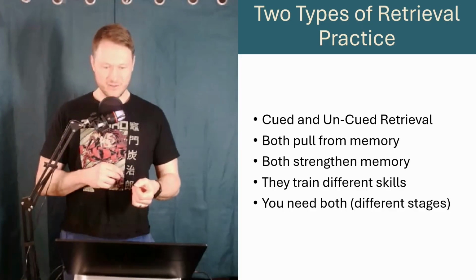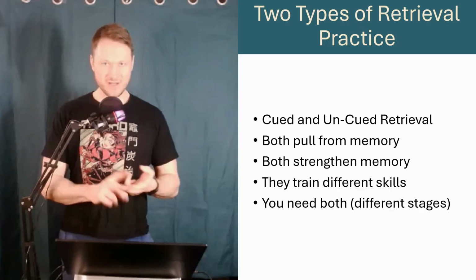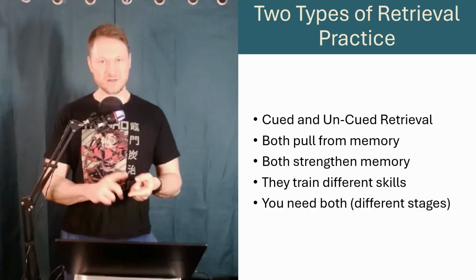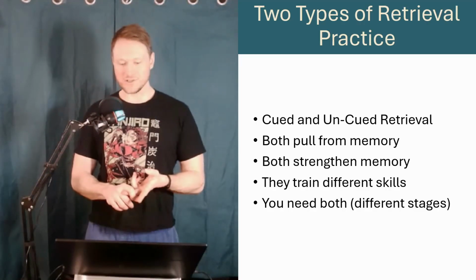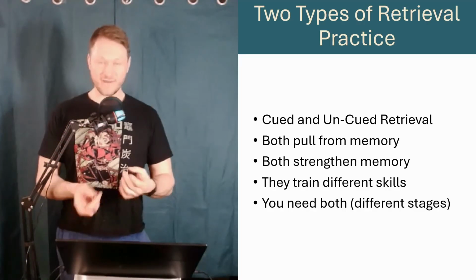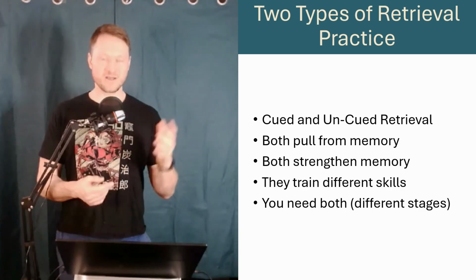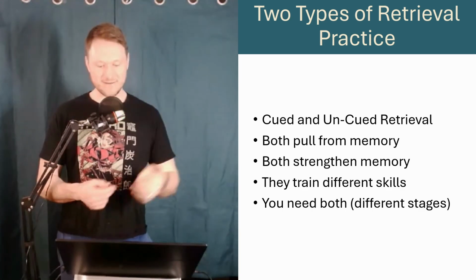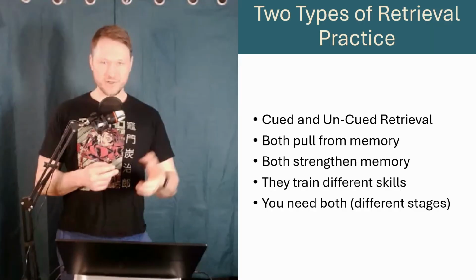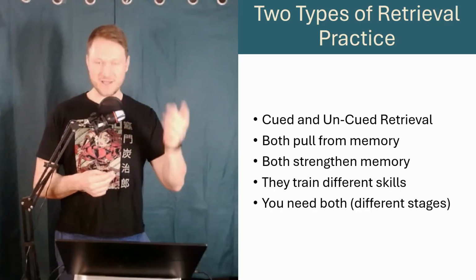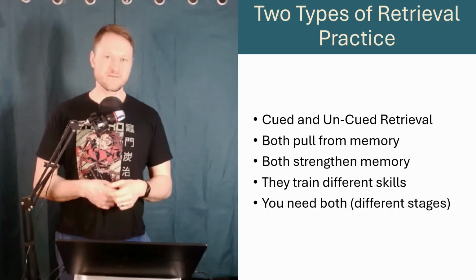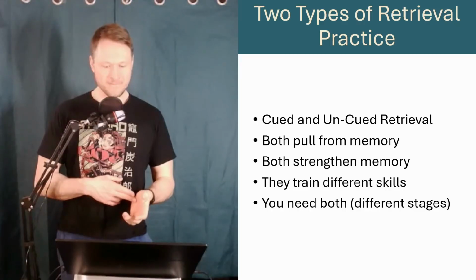Now we have retrieval, and we have two types of retrieval when it comes down to it. We have what's called cued retrieval, and we have uncued retrieval. Both are that mental process of going into your brain and thinking and trying to pull and extract that information from in there. When you're doing that, it's going to strengthen those pathways and it's going to make it easier for you to reach that information the next time that you need it.